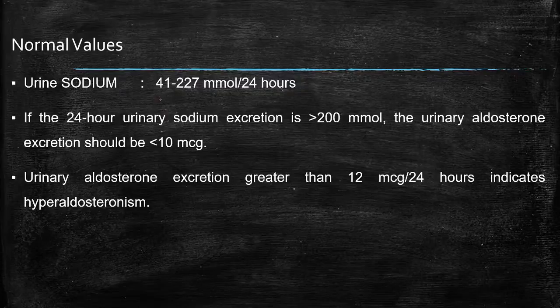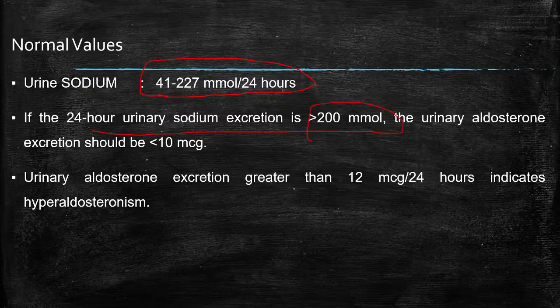Okay, the normal urine sodium level is 4 to 227 millimoles per 24 hours. If the 24-hour urinary sodium excretion is more than 200 millimoles, the urinary aldosterone excretion should be less than 10 mcg, microgram.